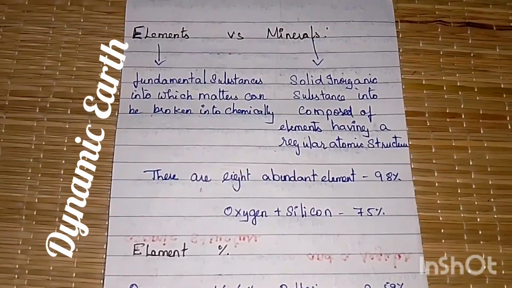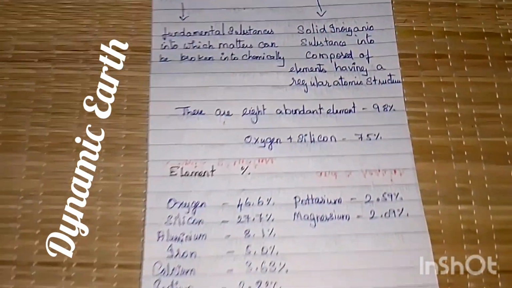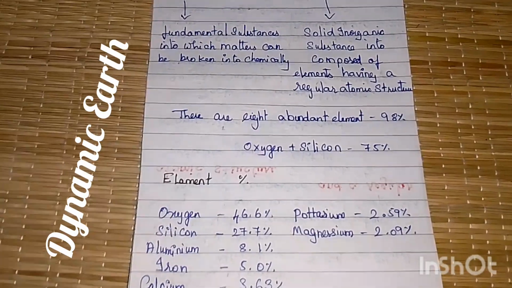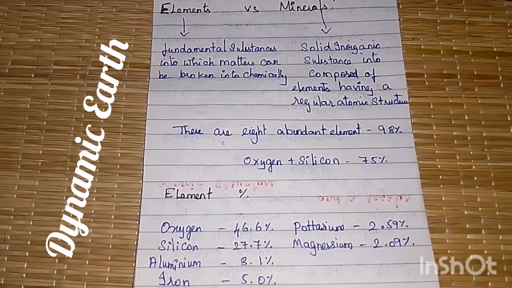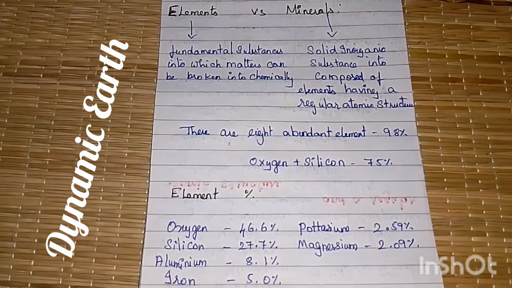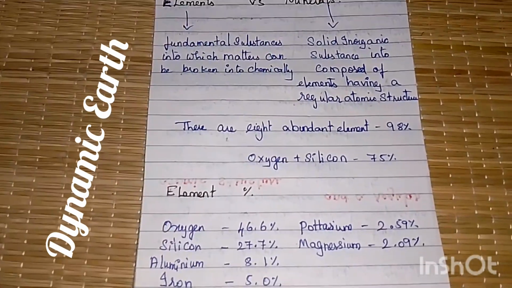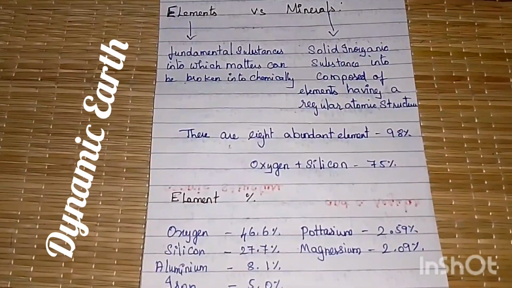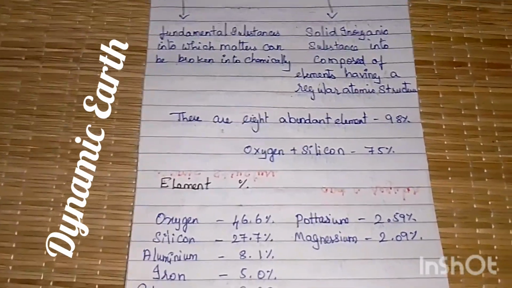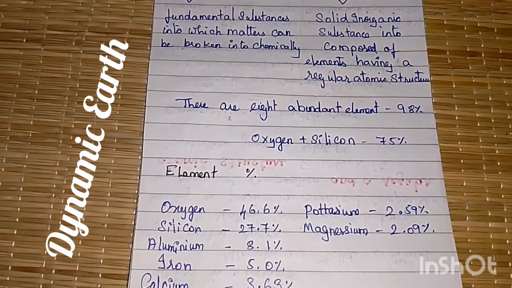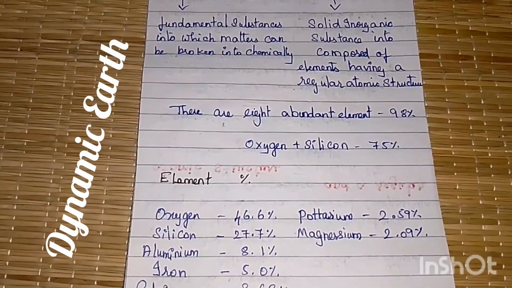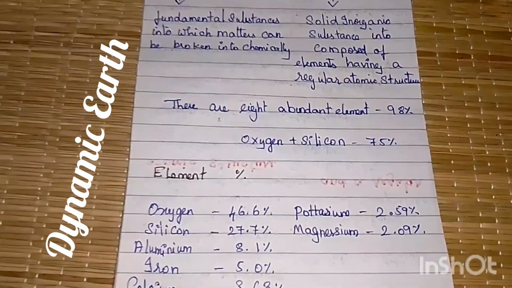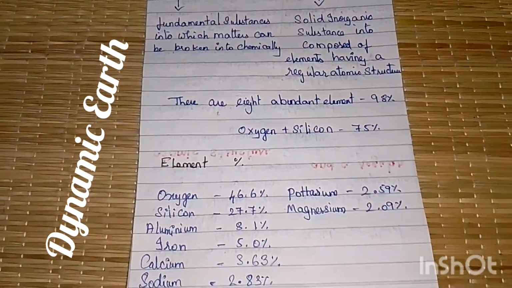There are 11 common minerals that comprise 99.33 percent of the earth's crust, and similarly there are 8 abundant elements which comprise 98 percent of the earth's crust, in which oxygen and silicon together comprise more than three fourths of the total earth crust.